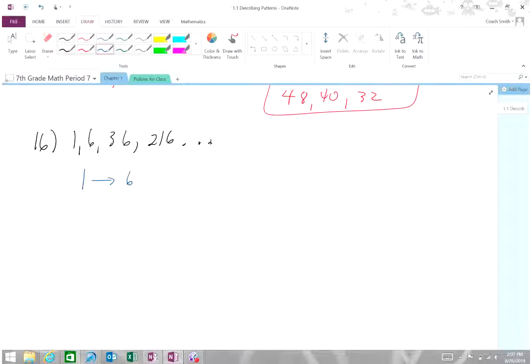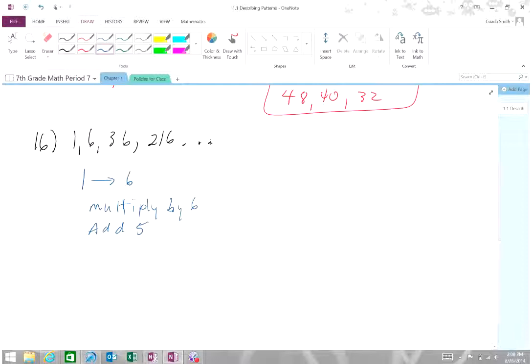Multiply it by 6. So the first thing is, I can multiply by 6. What's the other thing I could do to 1 to make it 6? Levi? I could add 5. That's the 2 things that I could do to 1 to make it 6.